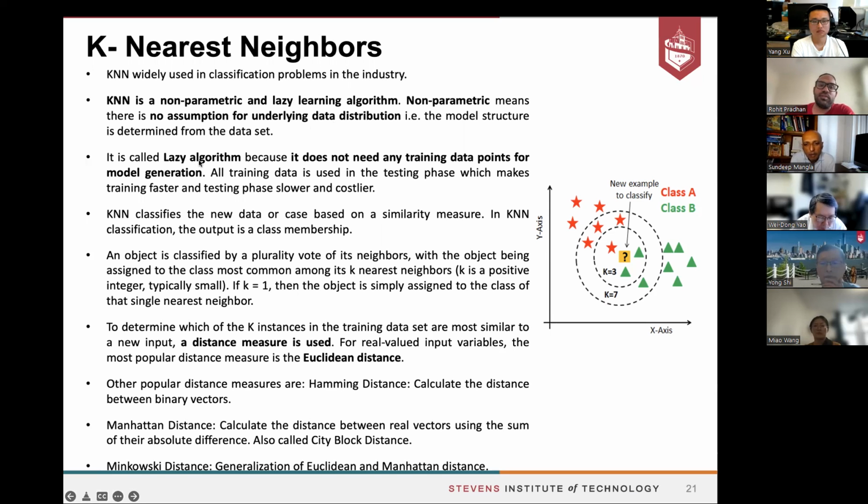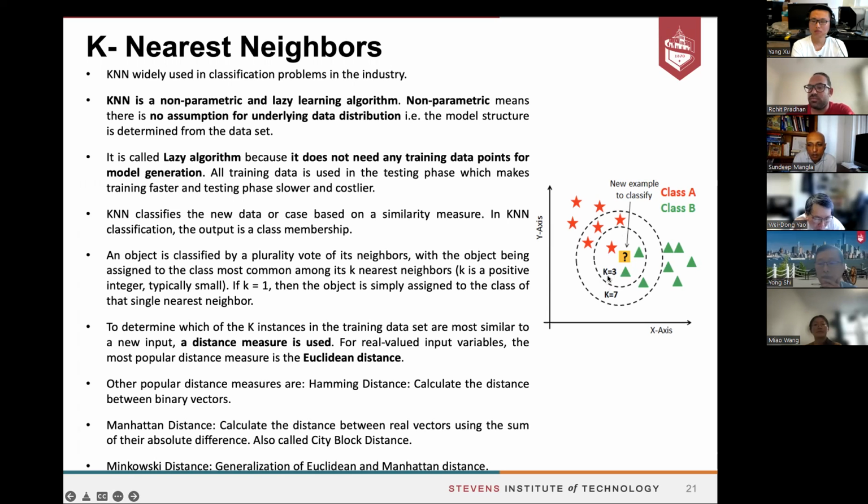And we say it is a lazy algorithm because it does not need any training data point for the model generation. K is the kth nearest neighbor.